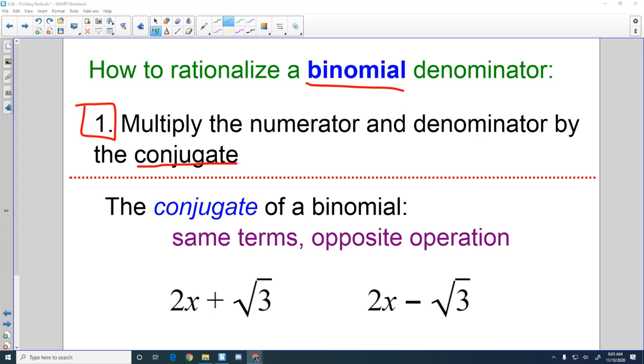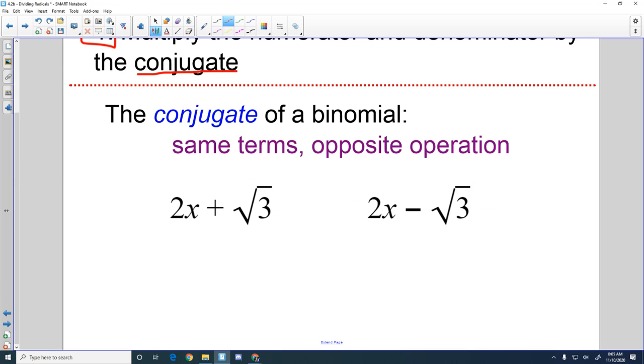All right, so if there's two terms in the bottom and at least one of them has a radical, we multiply by what's called the conjugate. And the conjugate's a very, very simple concept. So take a look at this. 2x plus square root of 3, 2x minus the square root of 3. These two binomials are conjugates. What's the only difference between them?